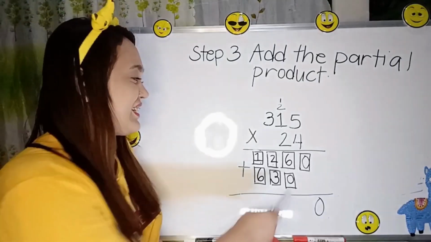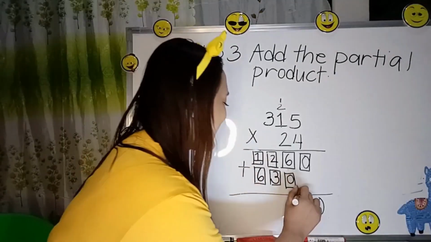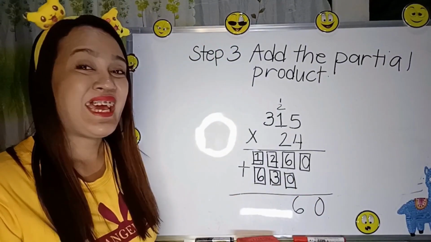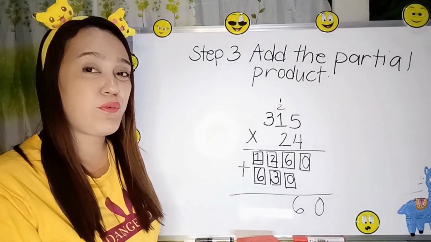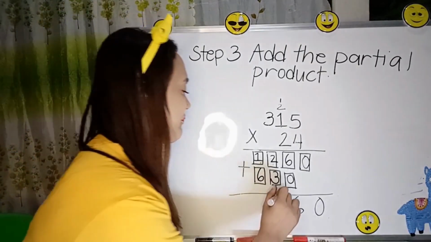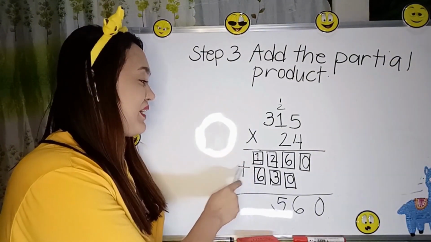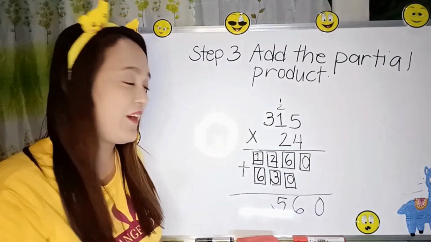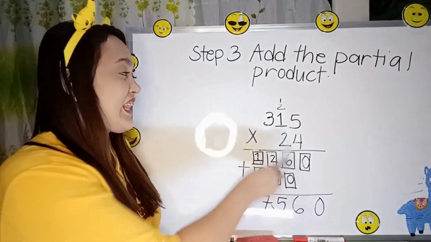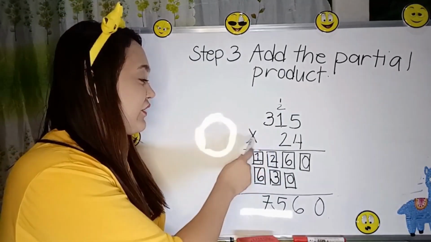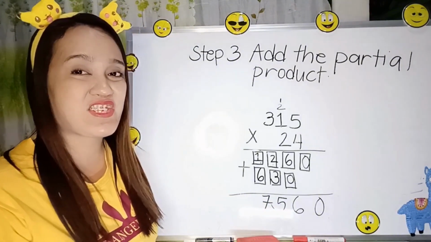Next is 6 plus 0 is equal to 6. Next is 2 plus 3 is equal to 5. And lastly, 1 plus 6 is equal to 7. Meaning to say, 315 times 24 is equal to 7,560.